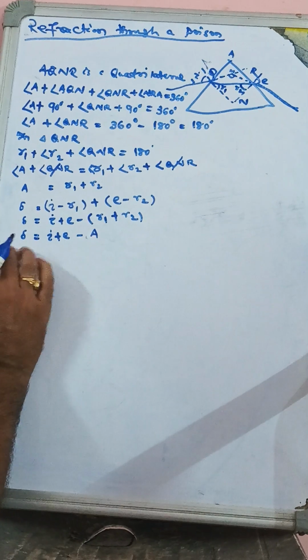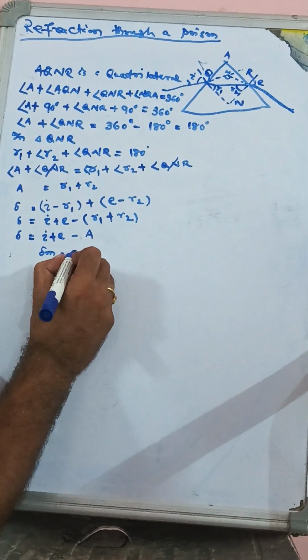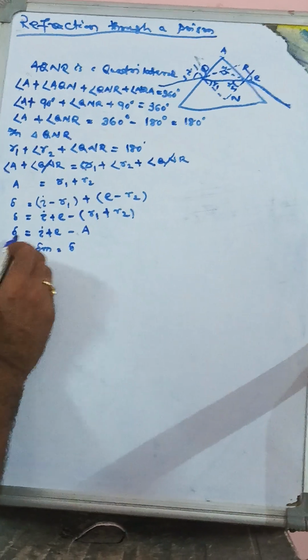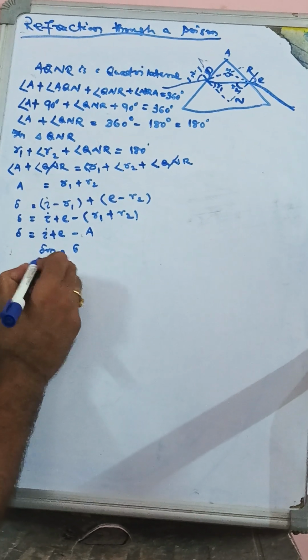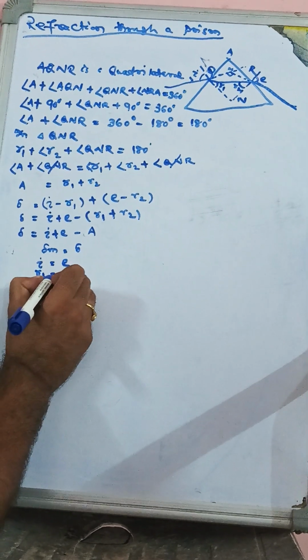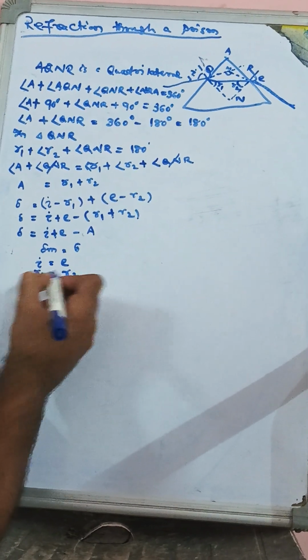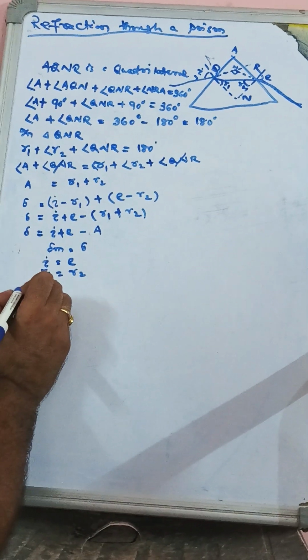Then for minimum deviation, we put del m. Del m is equal to del, I is equal to E, and R1 is equal to R2. Then we substitute this value in this equation.